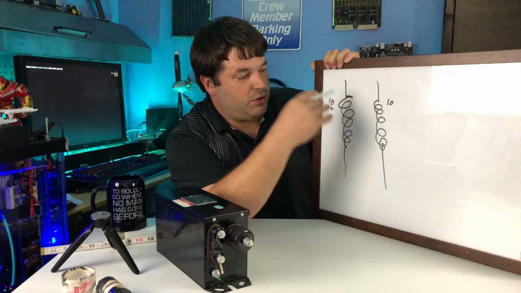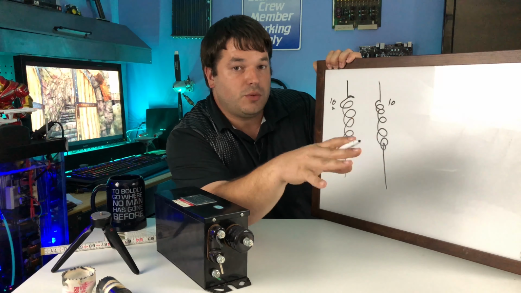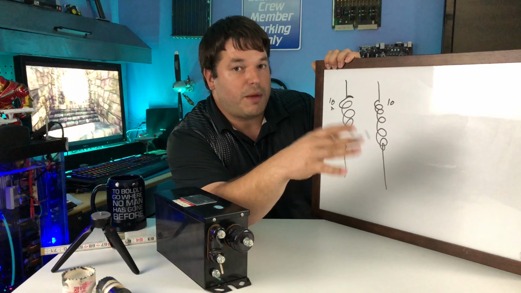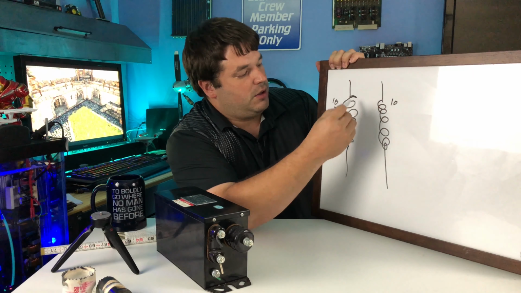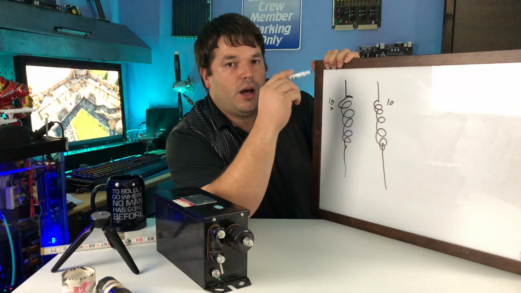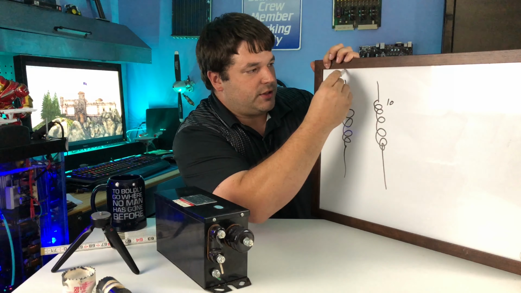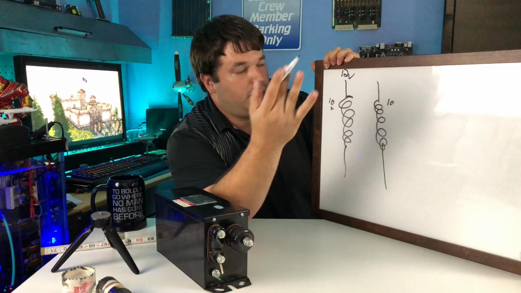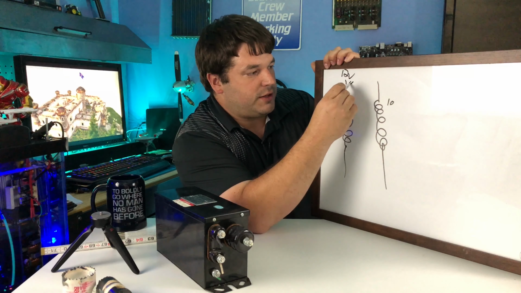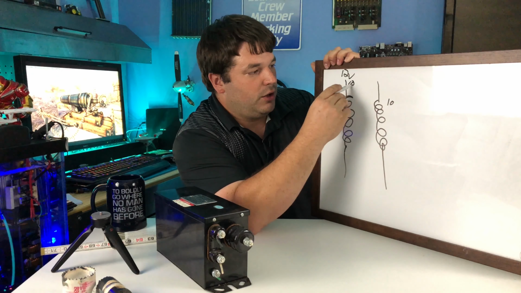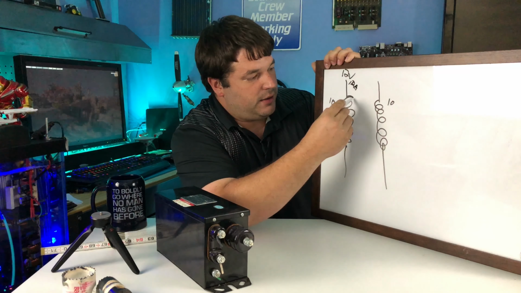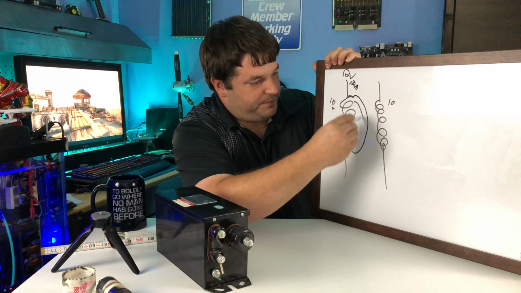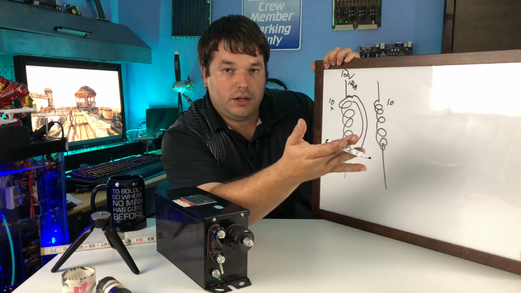Now, in order for us to generate or do anything with electricity, we still need the magnetic field and the relative motion. So if I energize this, let's just say I put 12 volts to it, and let's say it's 1 ohm, so I end up with 12 amps, okay? I get a magnetic field, right?